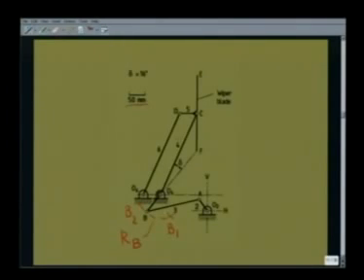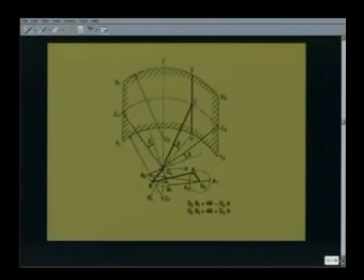Now as we see, the link 4, this extension O4C is not in line with O4B. There is an angle delta which has been prescribed as 16 degrees. So we can draw the extreme positions; we have already determined B1 and B2 as explained earlier.